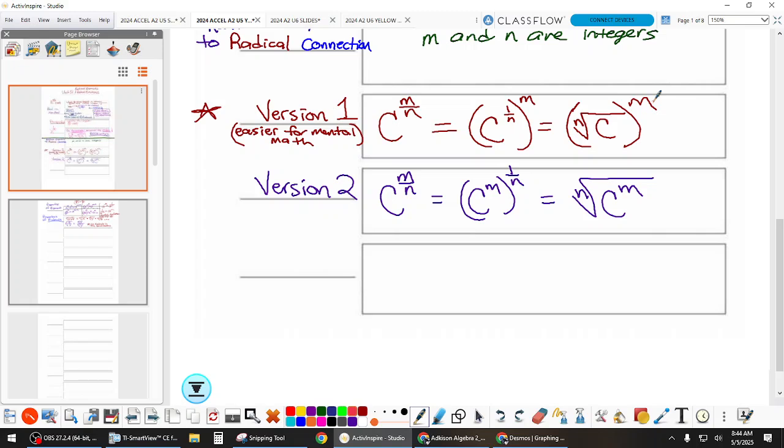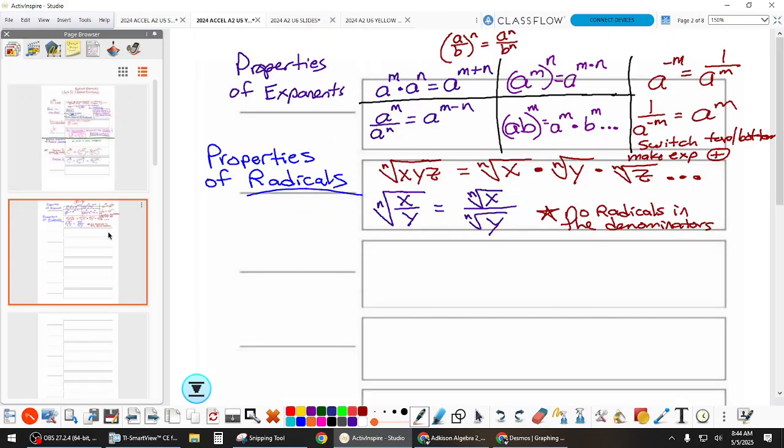Remember the denominator of your rational exponent became the index of your radical. That was the big idea with that. So if I gave you this exact problem, only n was 4 or something, you could rewrite that in terms of exponentials, if you like that better.